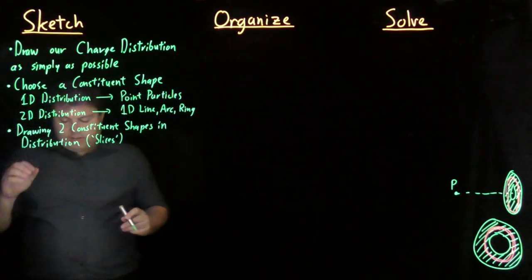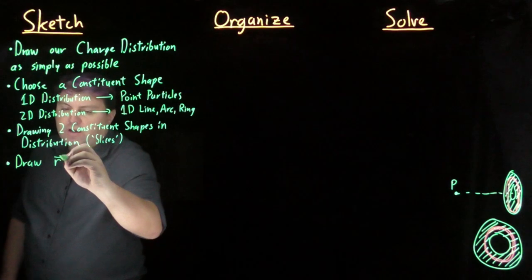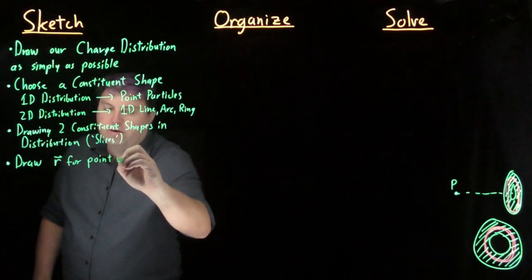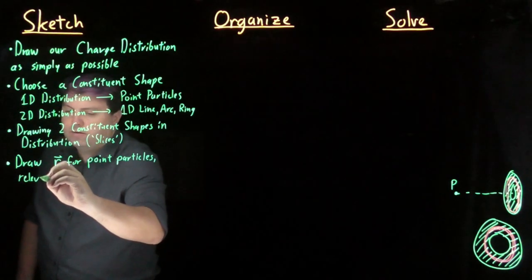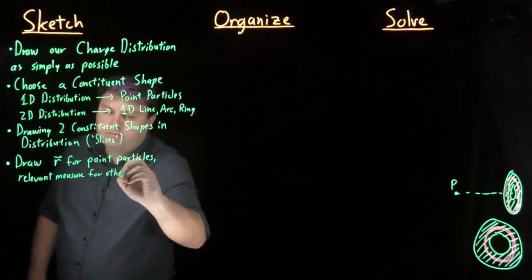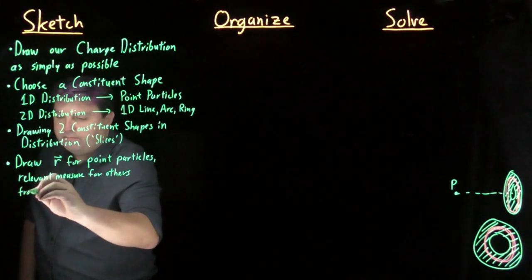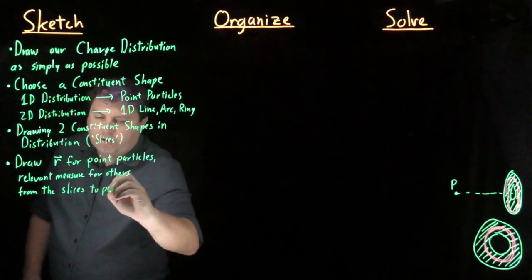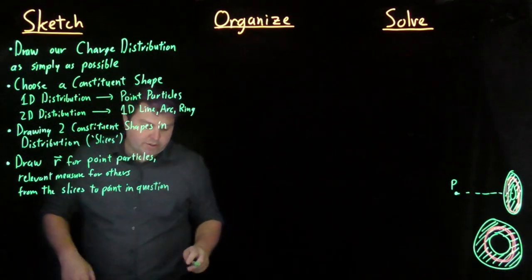And so as we draw these constituent shapes, then we want to draw our little r vector for point particles and the relevant measure for others from the slices to the point in question.